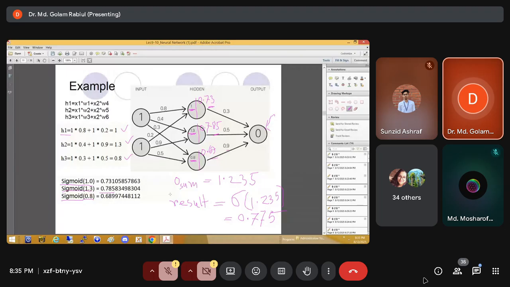This one will be our output result. So this is the predicted result.